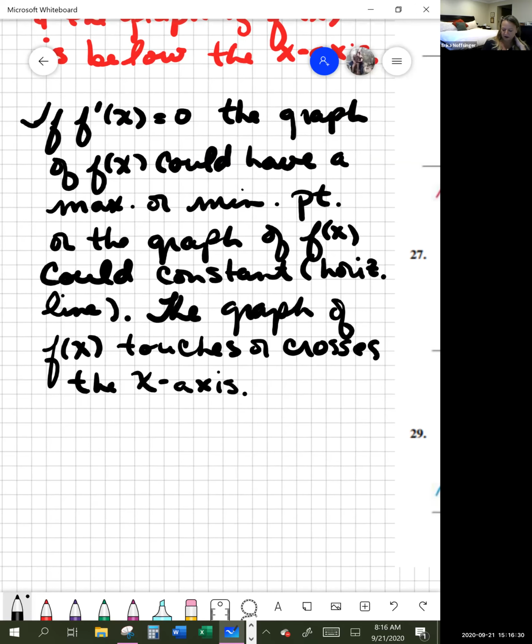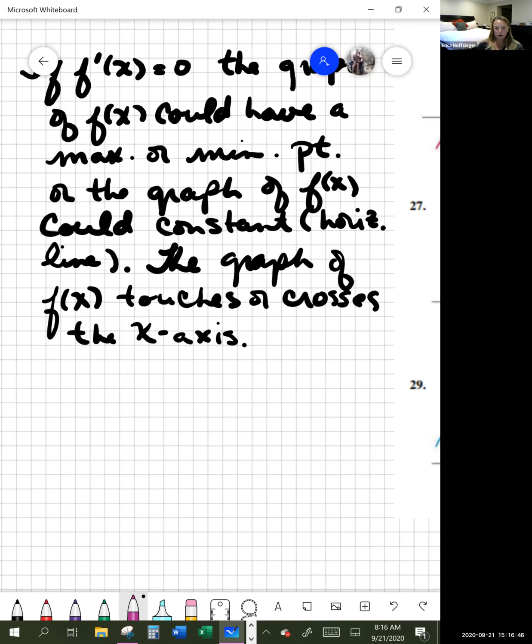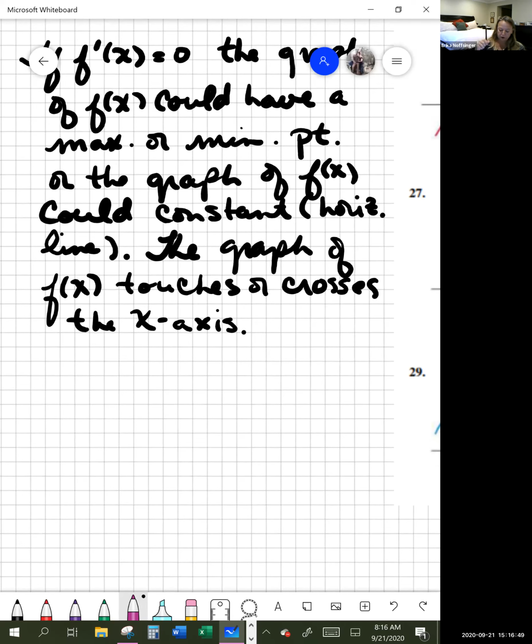And then we have to be careful about places where our function is not differentiable. There were different areas where our function wasn't differentiable. It was where it was undefined. You could have a jump in your graph, or it could have a sharp corner, or we talked about it having a vertical tangent. The slope would be undefined there.